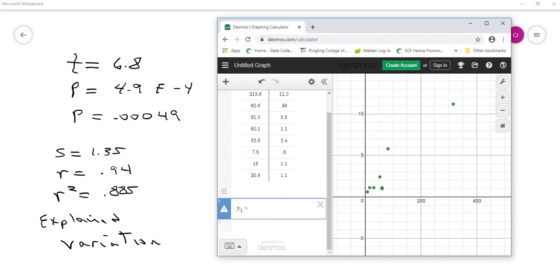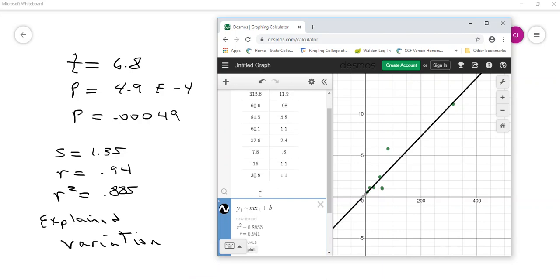Y sub 1 tilde M times X sub 1, and that is going to be plus B.